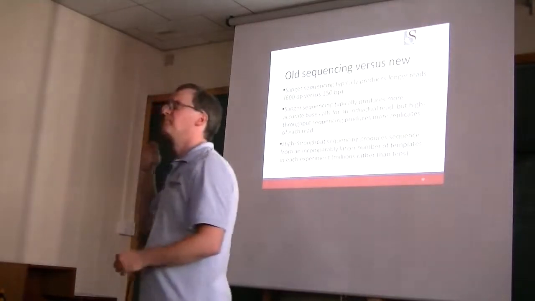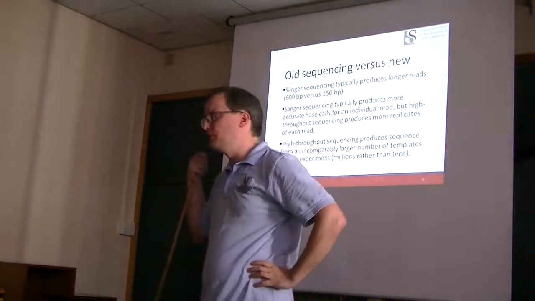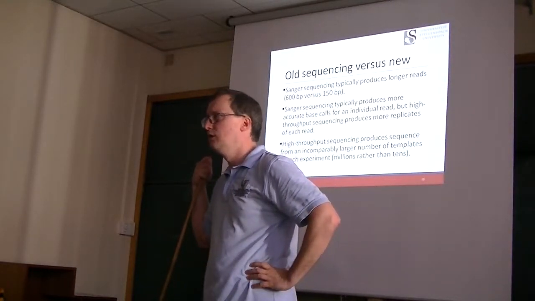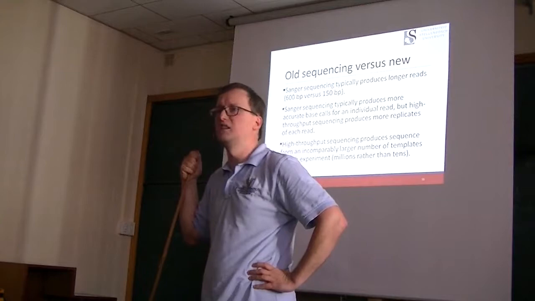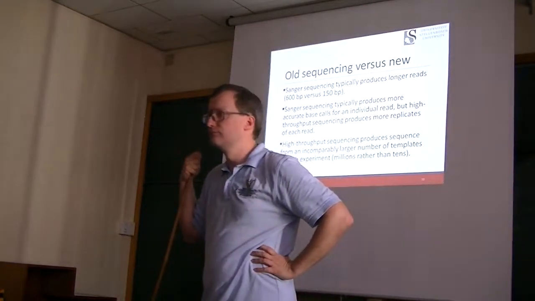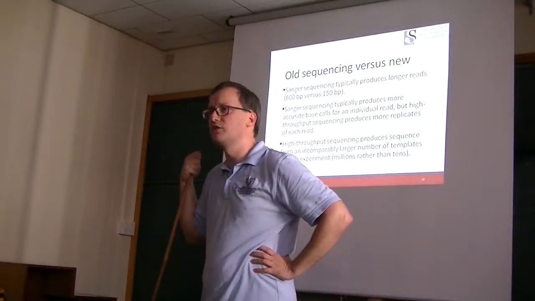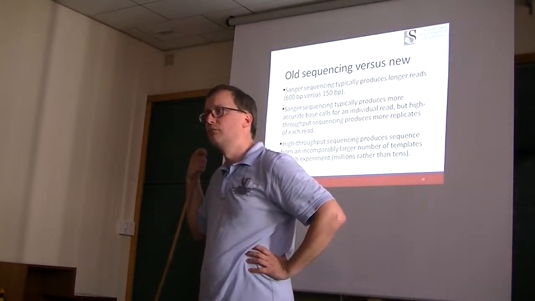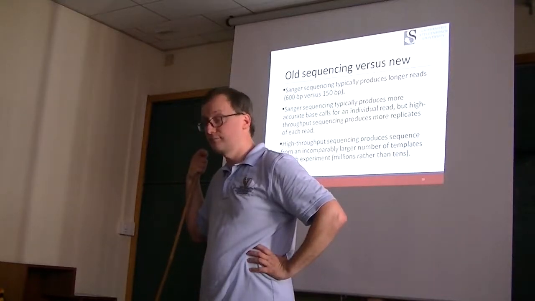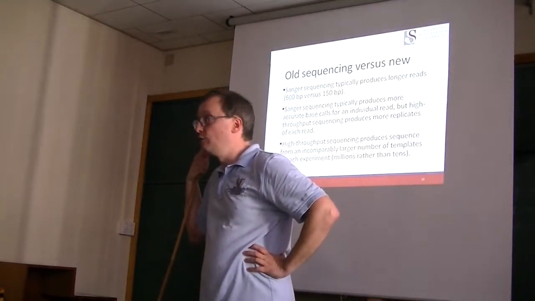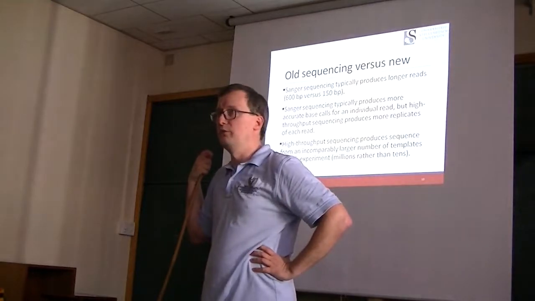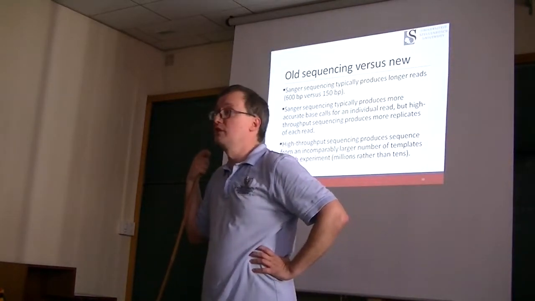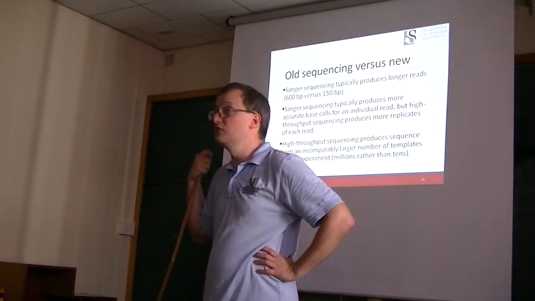Is it the case that a high throughput or next generation sequencer is always superior to an older Sanger style 1990s sequencer? I've already mentioned one way in which the old school sequencers were kind of nice. Long reads. Our ability to produce long reads from old sequencers, the old capillary electrophoresis fluorescence route, was superior in most ways to the sequencers that we use today.